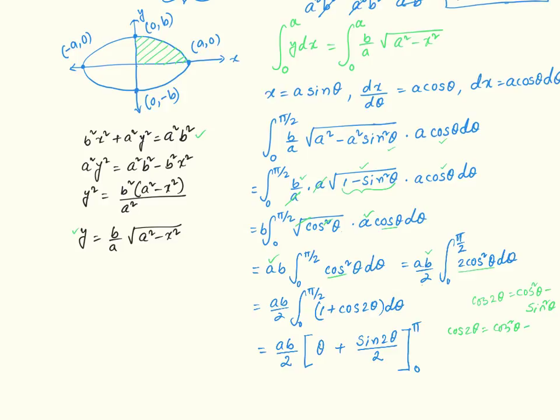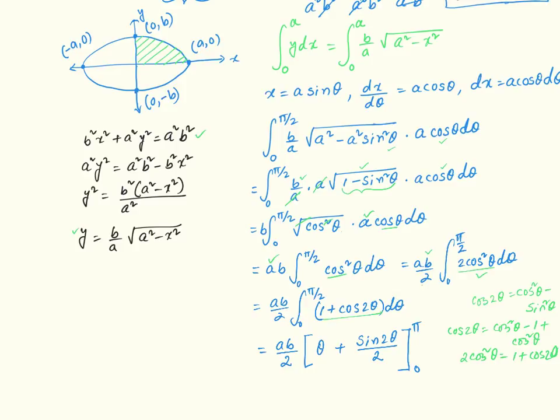So with the negative in front, it's going to be negative 1 plus cosine squared of theta. If I simplify it, I get 2 cosine squared of theta is equal to 1 plus cosine of 2 theta. That's what it is. So that's exactly what I did in going from here to here.